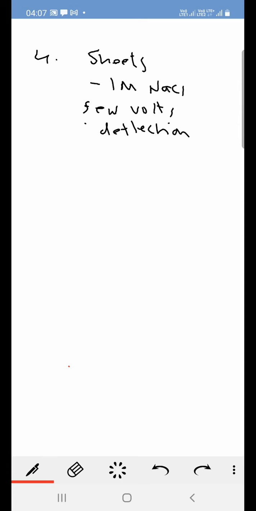This slight deflection is caused by application of a few volts, of the order of centimeters.